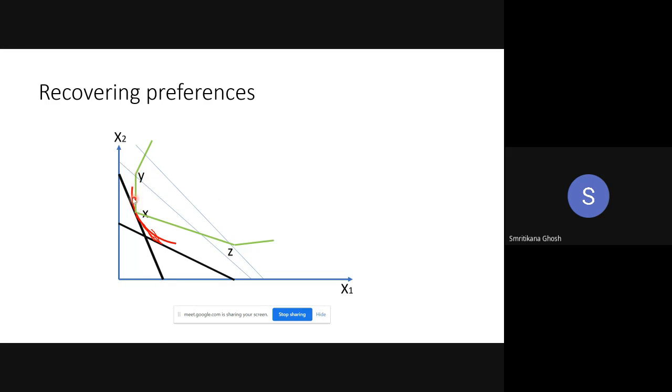Any point below this straight line is less preferred to the point on the straight line. Same logic you are applying for the line XZ. Okay. So this is how you are getting an area, the area which is more preferred to and the area which is less preferred to.